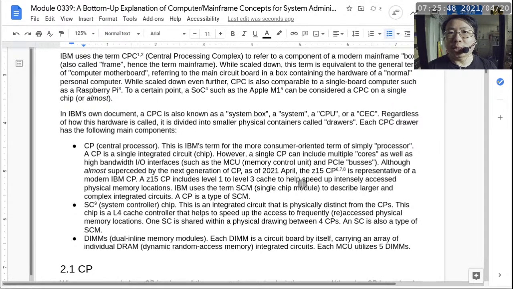And as the name implies, an MCU inside a central processor you can look at it kind of like the manager. So the 12 cores inside a central processor, when they need to access memory, the central processor.